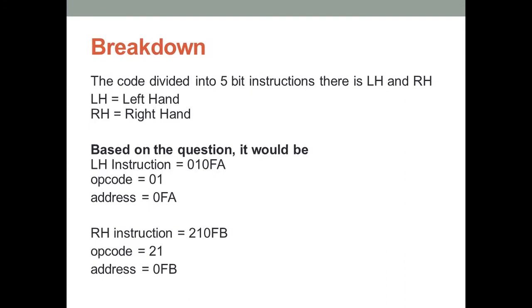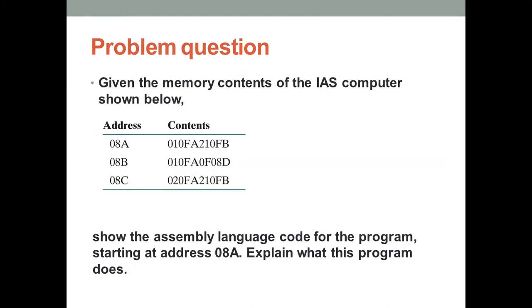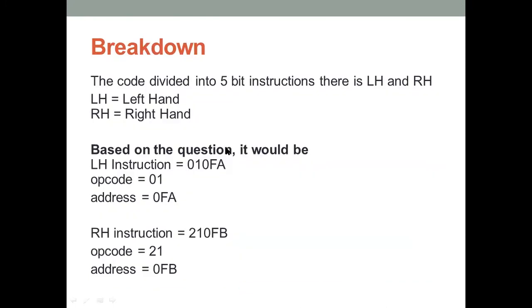The right hand instruction is 210FB, which has an opcode 21 and address 0FB. You can see in this question that 08A has a content like this, so we divide it into the first 5 digits and the second 5 digits.